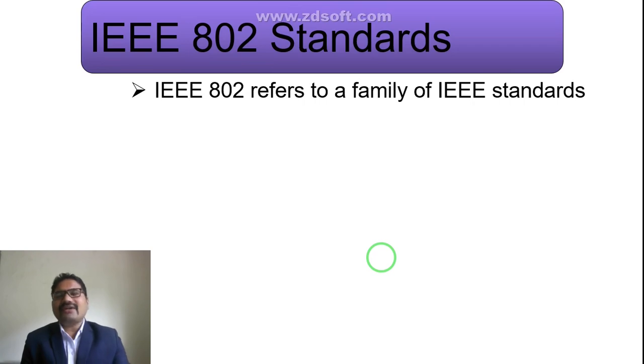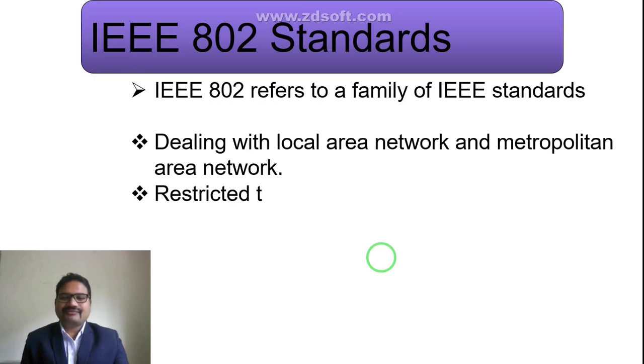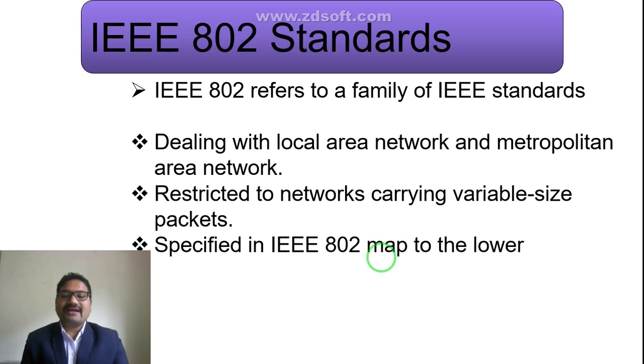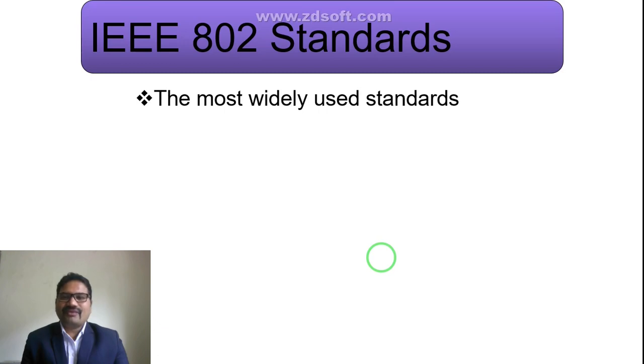So IEEE 802 refers to a family of IEEE standards dealing with local area networks and metropolitan area networks. But they are also restricted to networks which carry variable size packets, and they are specified in IEEE 802, which is mapped to the lower two layers, the data link layer and the physical layer.